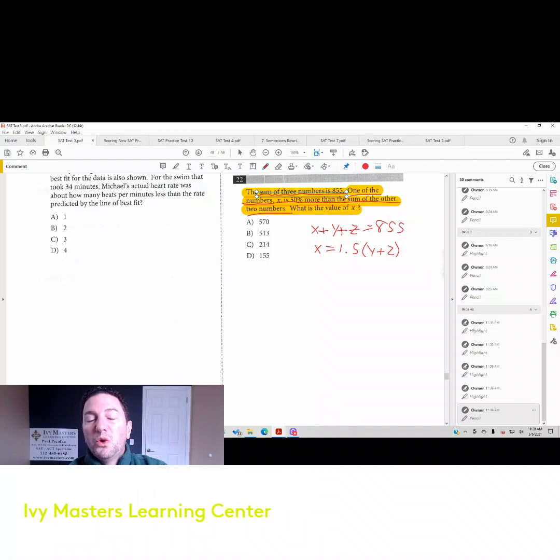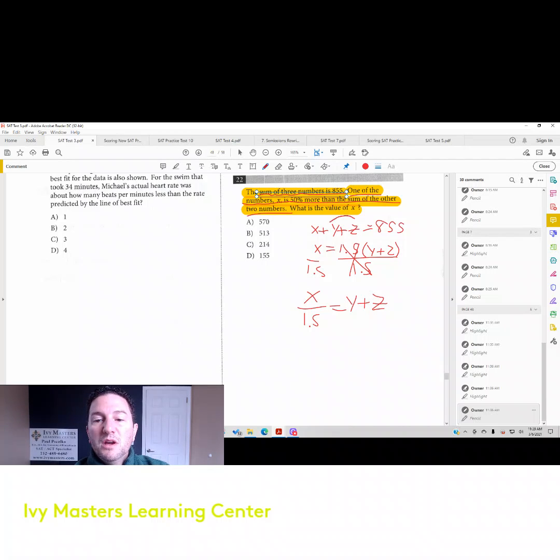So we're looking for the value of x. Remember, what we isolate is what we eliminate. So what do I do? I divide both sides by 1.5. The 1.5s cancel, and I get y plus z equals x over 1.5. So I'm going to write that here: x over 1.5 equals y plus z.